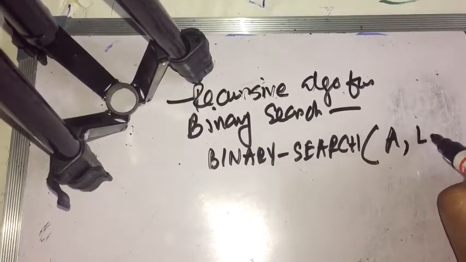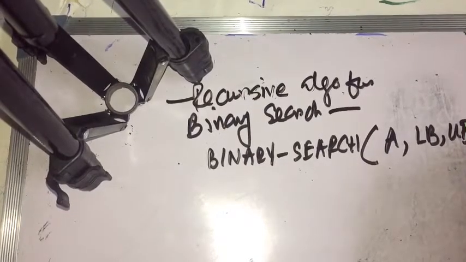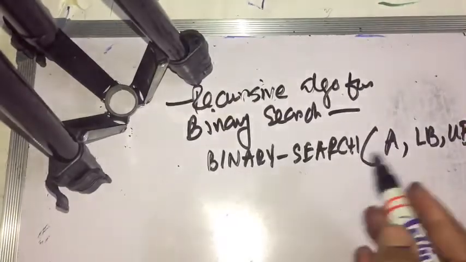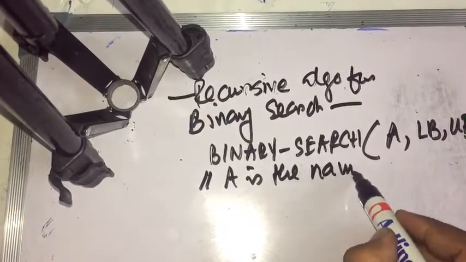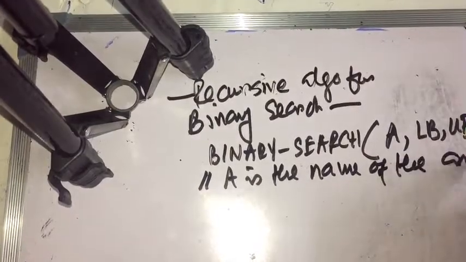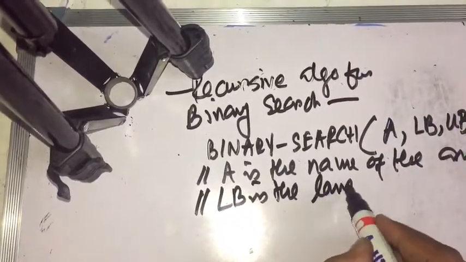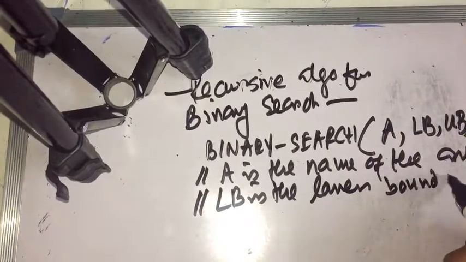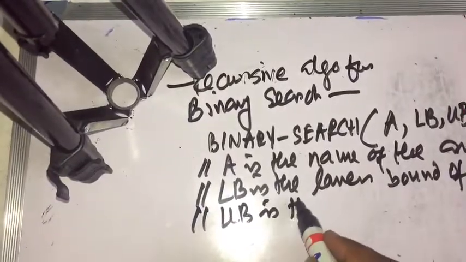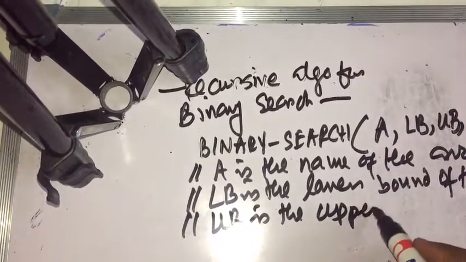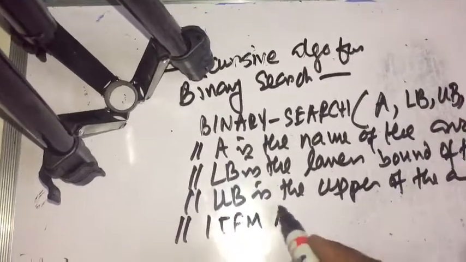A is the name of the array, LB is the lower bound of the array, UB is the upper bound of the array, and item is the data to be searched.